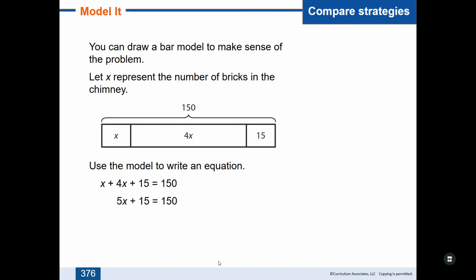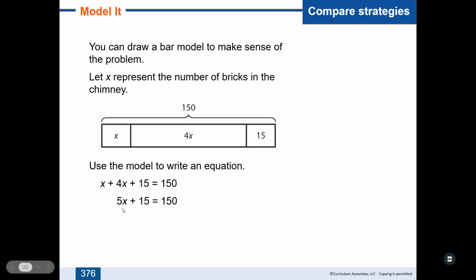Here is a bar model to show you a visual representation of what I just talked about. We have our x, which is the number of bricks for the chimney. We have our 4x, which is the number of bricks for the arch, and we have the 15 that we're saving. So the total is 150. So we use the model to write an equation: x plus 4x plus 15 equals 150.